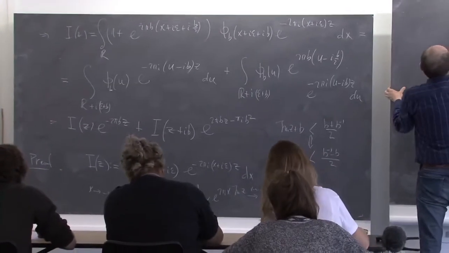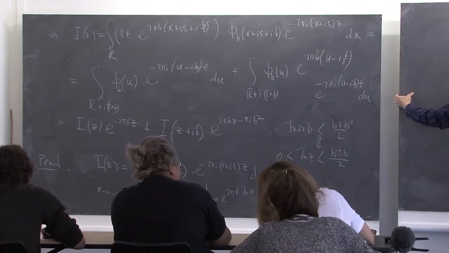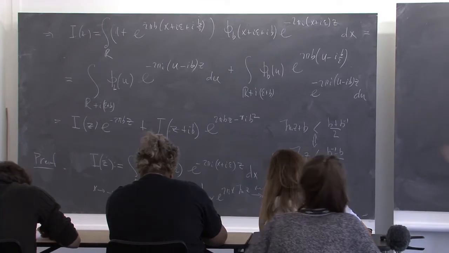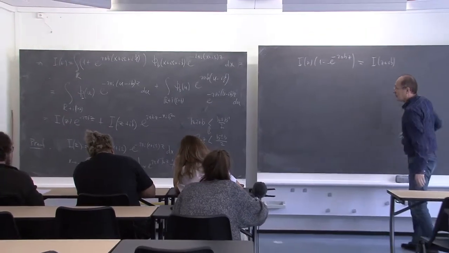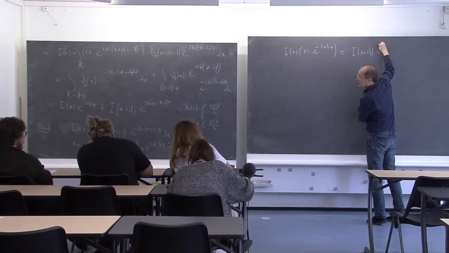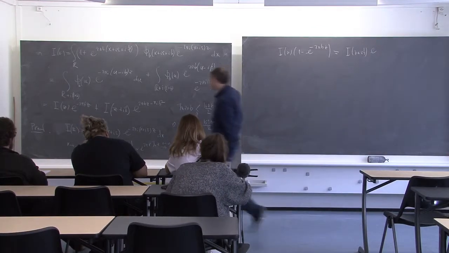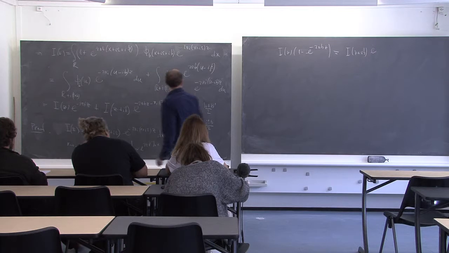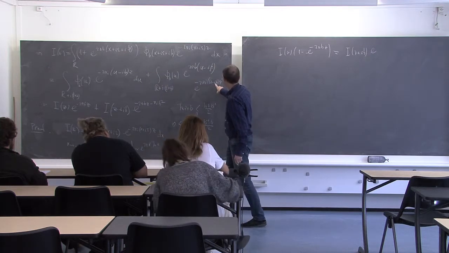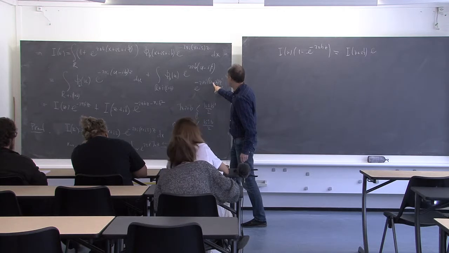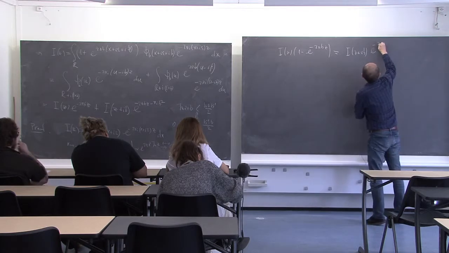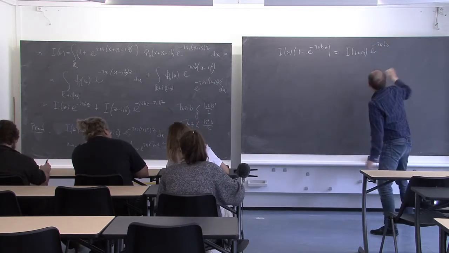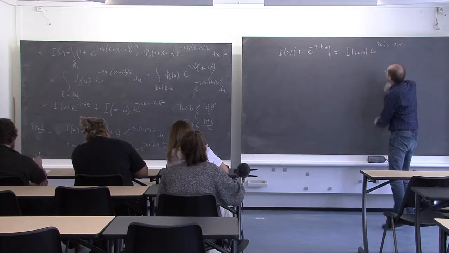So the I of z I can put together. So I of z times 1 minus e to the minus 2 pi b z is equal to I of z plus ib times e, that's minus, right? That should be minus, because minus minus becomes plus, but i squared is minus. So minus 2 pi b z minus pi i b squared.